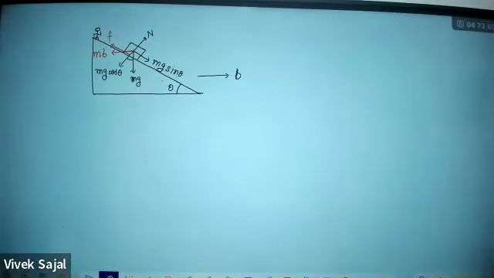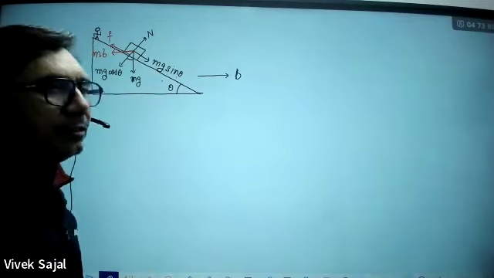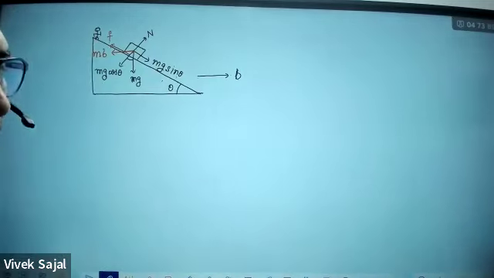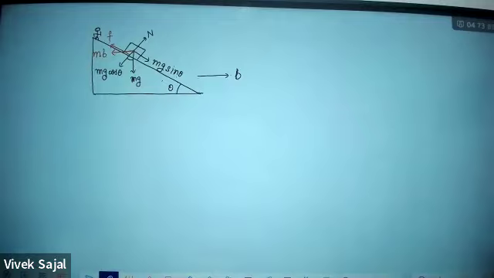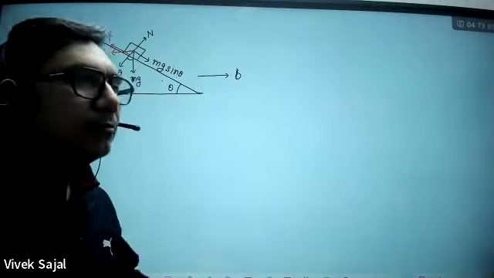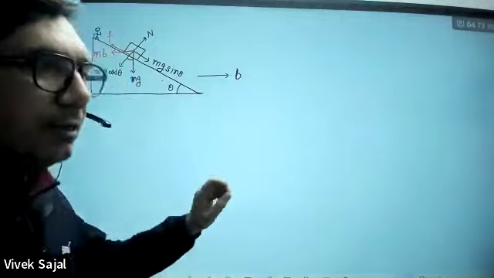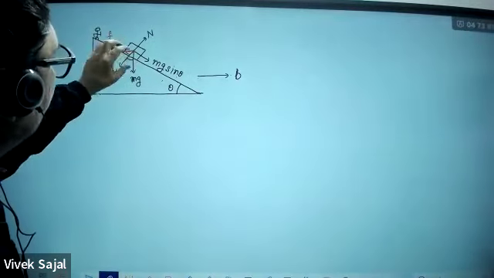So these are the forces which are acting on this block. Okay. So if there is a question and you have to solve it in an accelerated frame like this, then you have to use this MB in this direction. Remember this aspect.